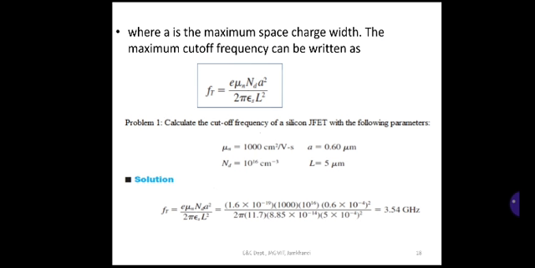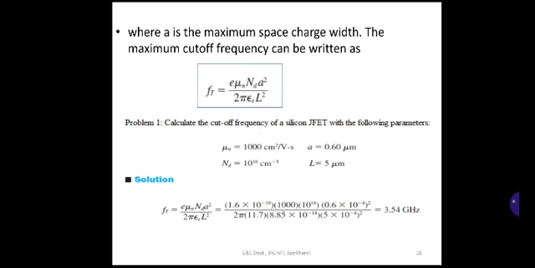Cutoff frequency Ft is given by e mu n Nd a square divided by 2 pi epsilon S L square. Substitute the given values. We know that electronic charge e is 1.6 into 10 to the power minus 19.